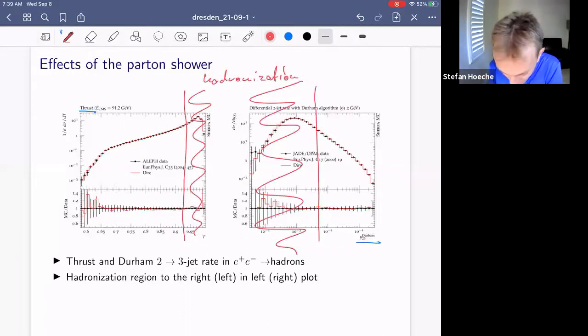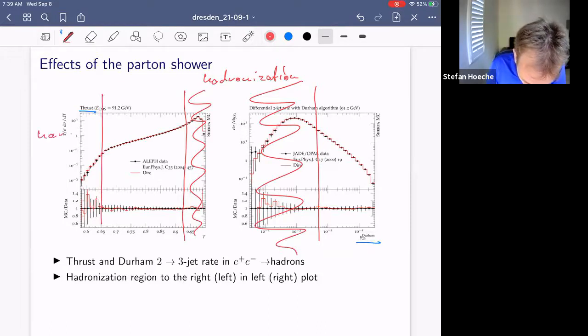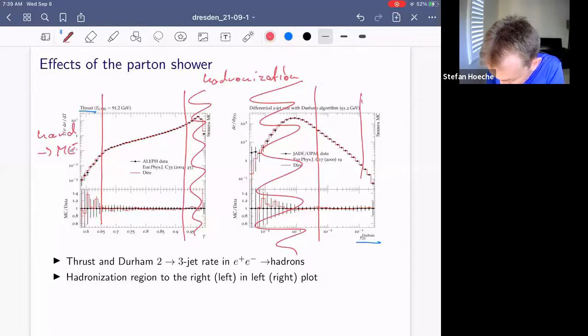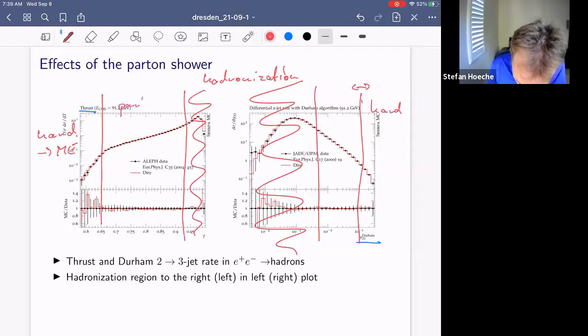The transition is not quite sharp. There's always some boundary, but this is roughly where hadronization comes in. Then because it goes over all phase space, there's also a hard region. This is where hard matrix elements become important, as you heard in the introductory lectures. For the right distribution, there's some wiggle room here, but it's roughly here. And only what's left in between, quote unquote, should be covered by the parton shower.